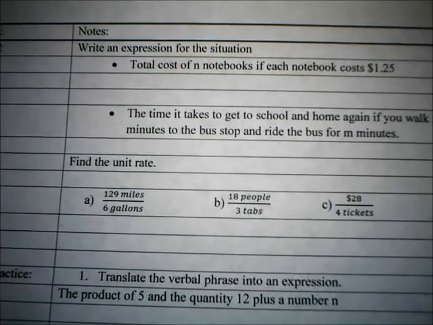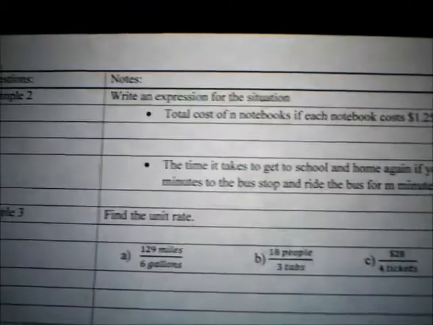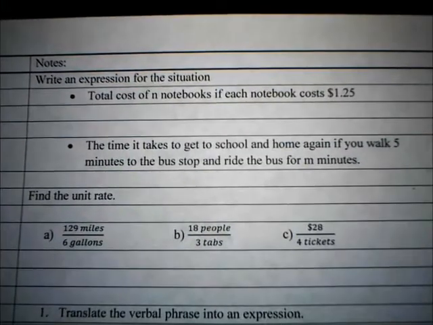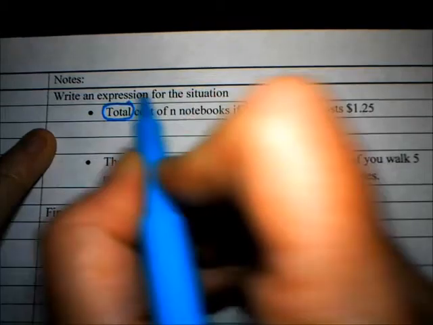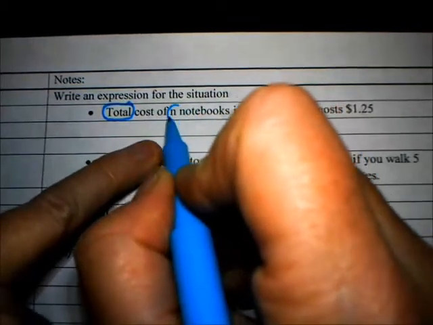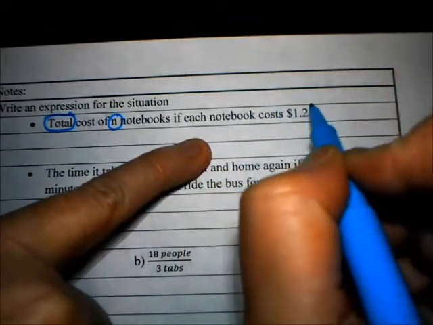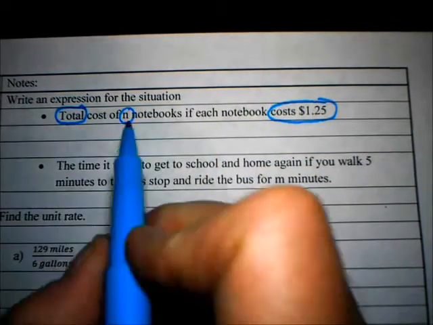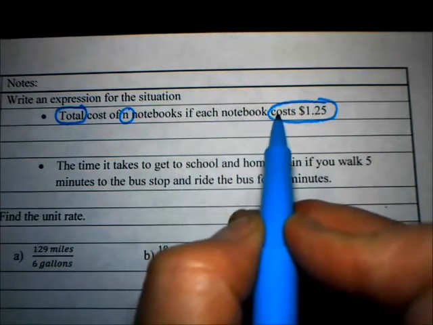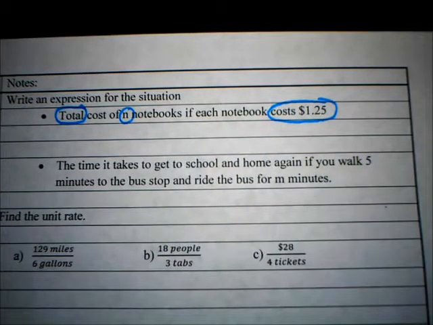On the next page, example 2, it says write an expression for the situation. So here they're giving you a story that goes with it. We want the total cost of n notebooks if each of the notebooks costs $1.25. Okay, so each one of our notebooks costs $1.25.